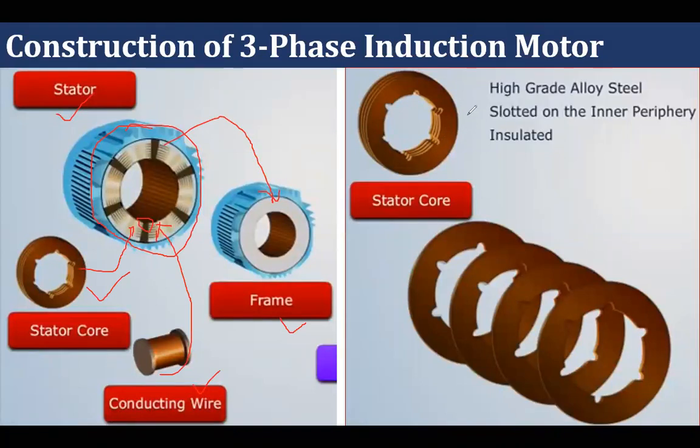This stator core is high-grade alloy steel slotted on the inner periphery, and it is made up of thin elements which are insulated and then laminated together to manufacture the stator core, just to reduce eddy current losses, what we have seen in case of transformer.